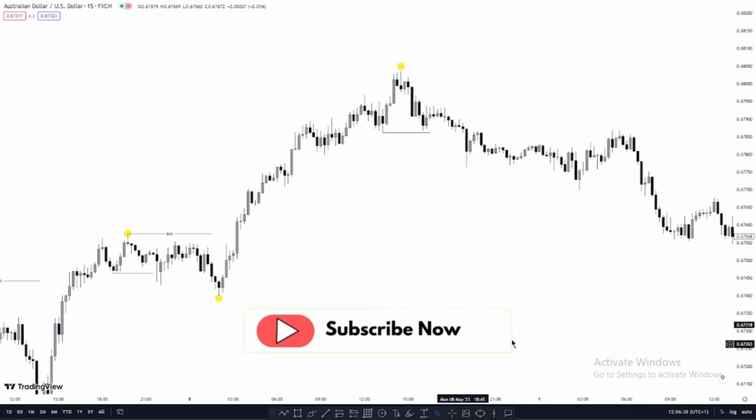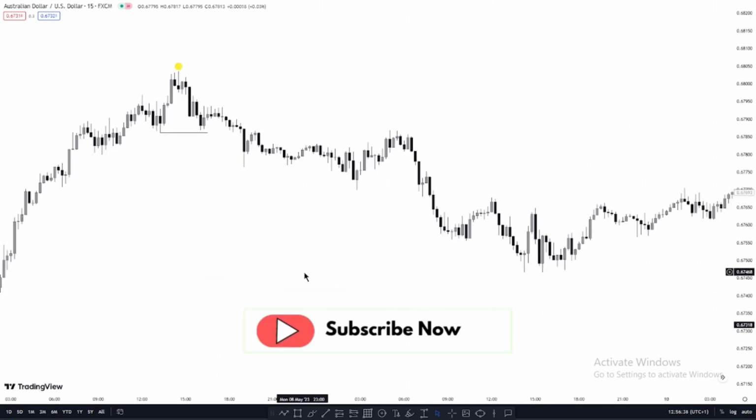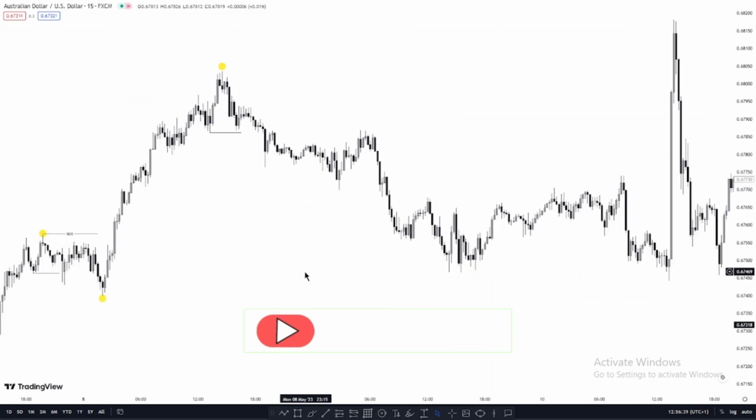Can you see that? It is confirmed. And now price starts going back down. All right. Now remember, your last significant higher low before this higher high is this. This is the last significant higher low before this higher high. All right. Until price takes this out.